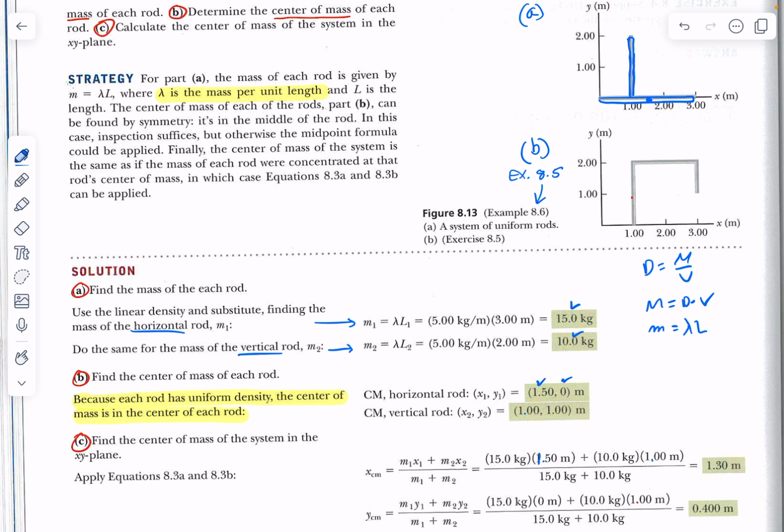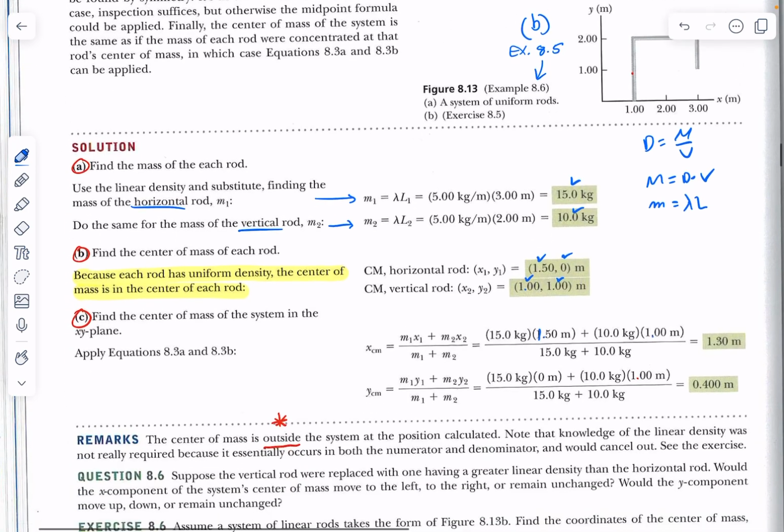And then for the vertical rod, which is 2 meters high, the center of mass is going to be halfway up, which is going to be 1 meter up, and it is also 1 meter from our origin, right there. So now we have the coordinates for the center of mass of each rod.